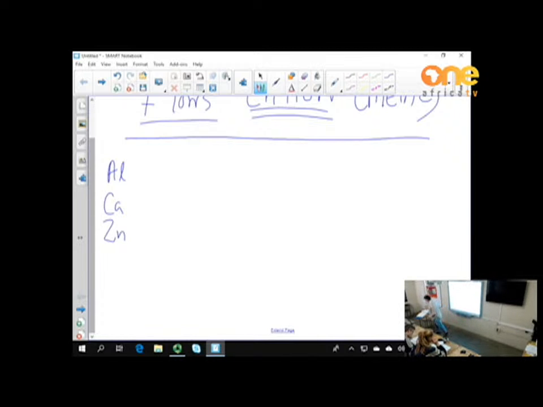Then we will test for copper and iron. Copper 2+, aluminium is 3+, calcium is 2+, zinc is 2+. We are going to test for copper 2+ ions. Iron 2 and iron 3. All right.